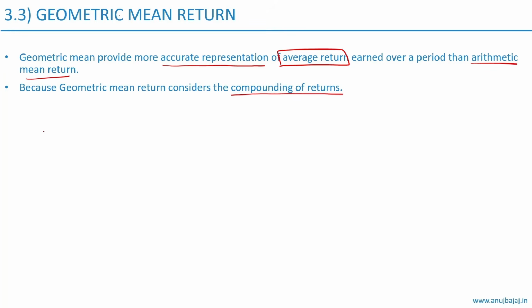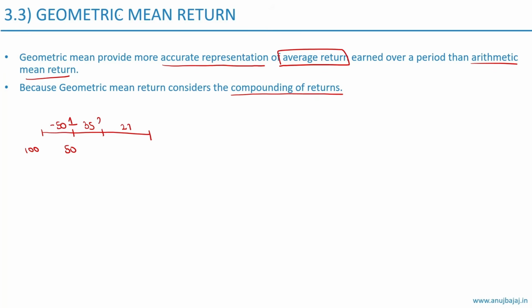Continuing with our previous example, during year 1, we earned a return of negative 50%, then 35% and then 27%. Now consider we have invested $100. So the value at the end of year 1 will be 100 minus 50%, which is $50.